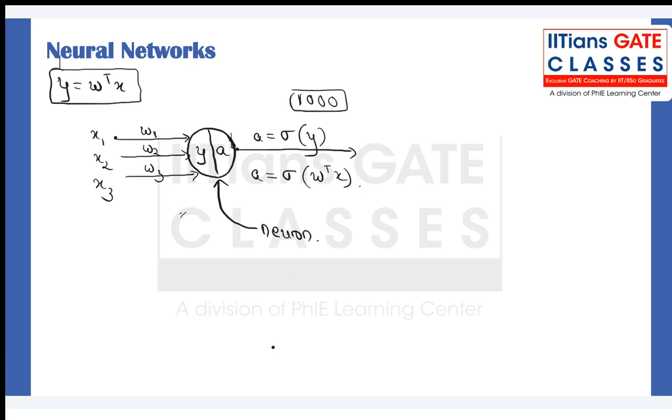This part of the neuron is part of the biological neuron, and it is called the soma in biology. This part is called the dendrite. This part, the output, is called the axon, while these parts are called the dendrites. And these axons connect to other neurons.